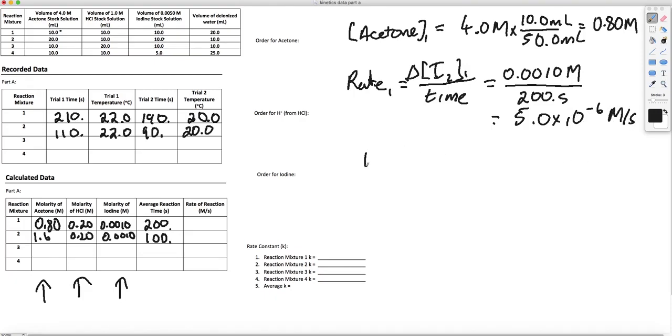Now we do the same thing with rate 2, and that comes out to be 1.0 times 10 to the negative 5 molar per second, applying the same formula. So I'm going to go ahead and put those results in here: 5.0 times 10 to the negative 6 and 1.0 times 10 to the negative 5.